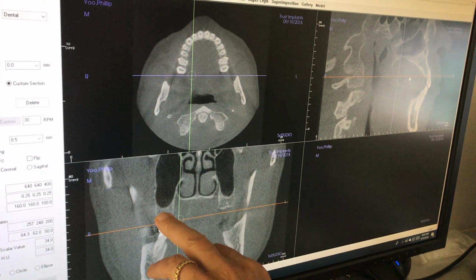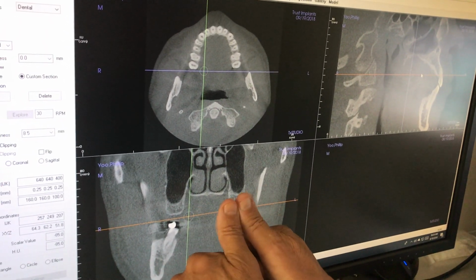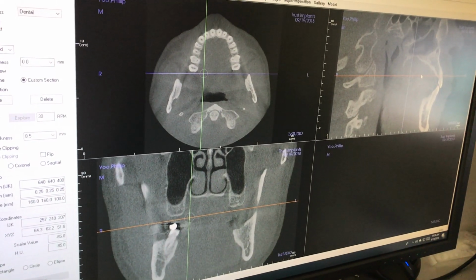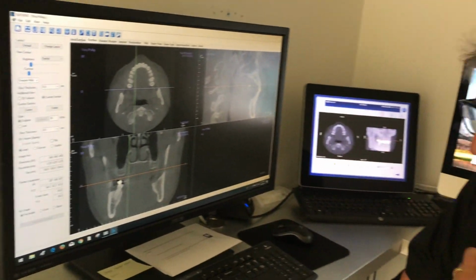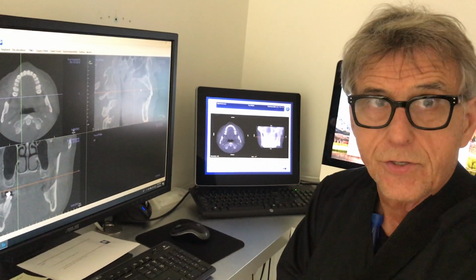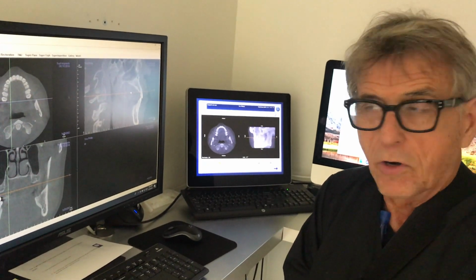You can see the sinuses, and this is the maxilla, and that maxilla actually needed to be another half inch wider. When you look anthropologically at skulls from 100 or 200 years ago, they were wider, and they've gotten narrower.